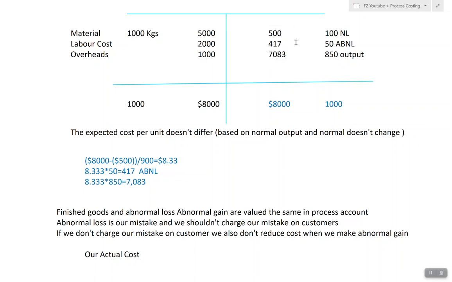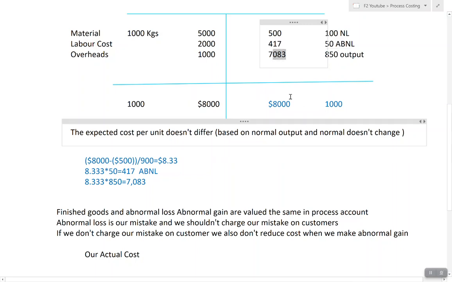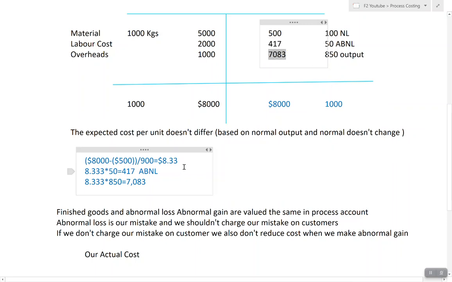So what we did is we reduced the cost of output with the normal loss units. So we don't want to charge the whole 7,500 on the output. We will only charge 7,800. So this is something called expected cost.